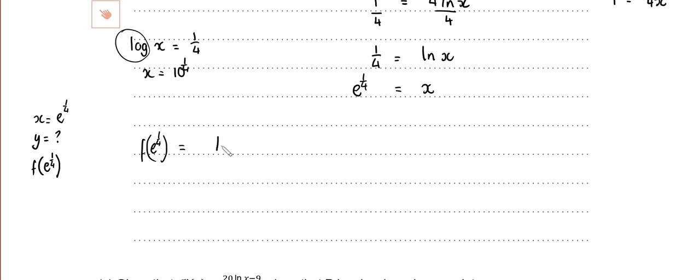So we've got the natural logarithm of e to the power of a quarter, divided by e to the power of a quarter to the power of 4. That's because we had y equals natural log of x over x to the power of 4, just in case anyone watching the video doesn't know why I've written that. So now we've got to deal with that.